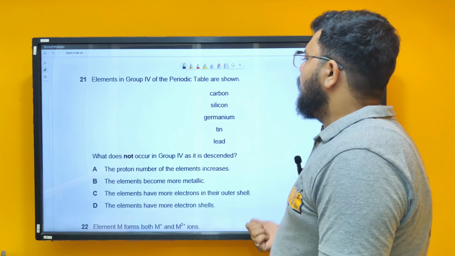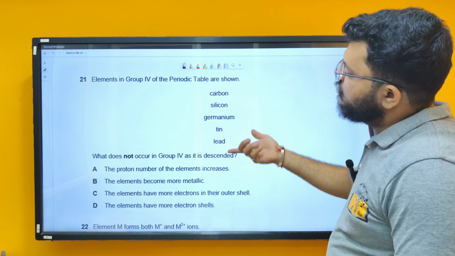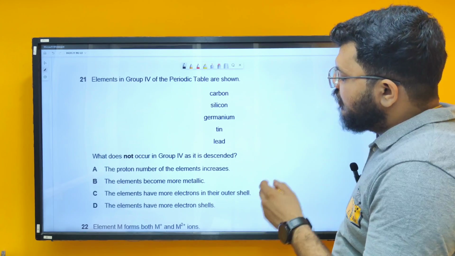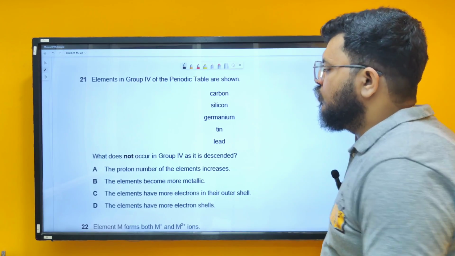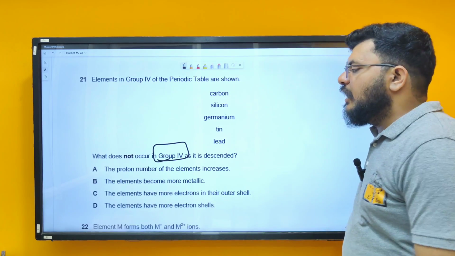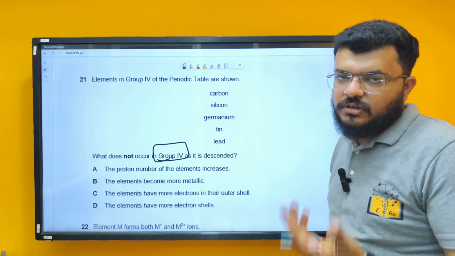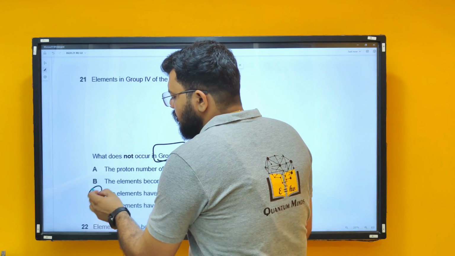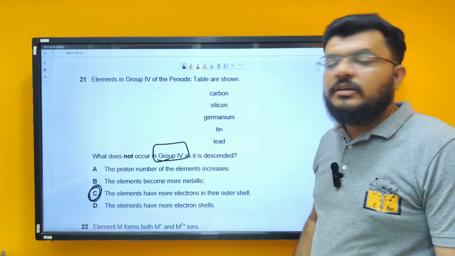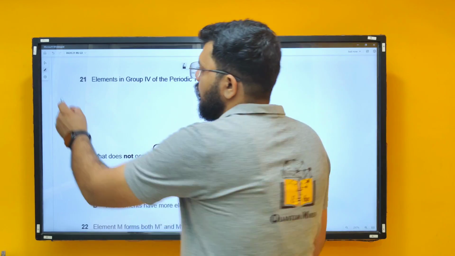Elements become more metallic. Yes, actually they do. Tin is the most metallic out of all of them. The elements have more electrons in their outer shell? No, it is group 4, right? So all of them have the same number of electrons in their outer shell. So option C is your correct answer. C does not occur.